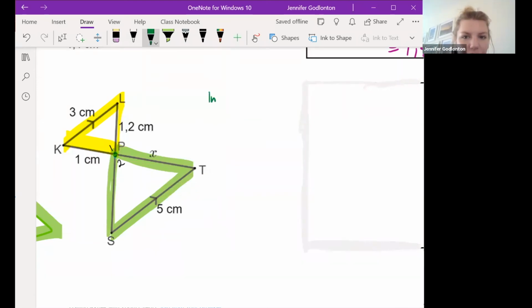In triangle KLP and triangle TSP. Okay, introduction. Reason 1. So the first reason that I saw coming up was that P1 is equal to P2 because of vertically opposite angles, which I like.